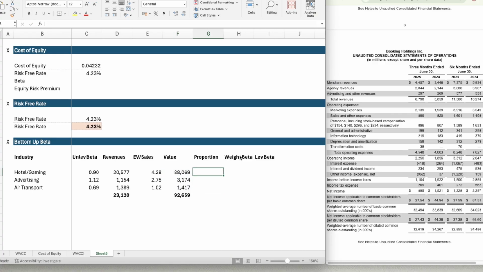And then the proportion is going to be the value divided by the total, so remember to lock it in, we pull this down. Yeah, looks good. Then the weighted beta is going to be the unlevered beta multiplied by the proportion, and we just pull these down.